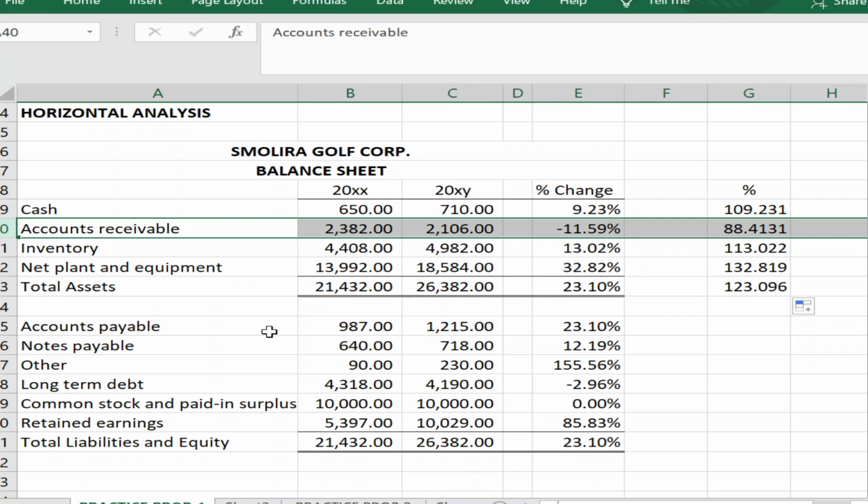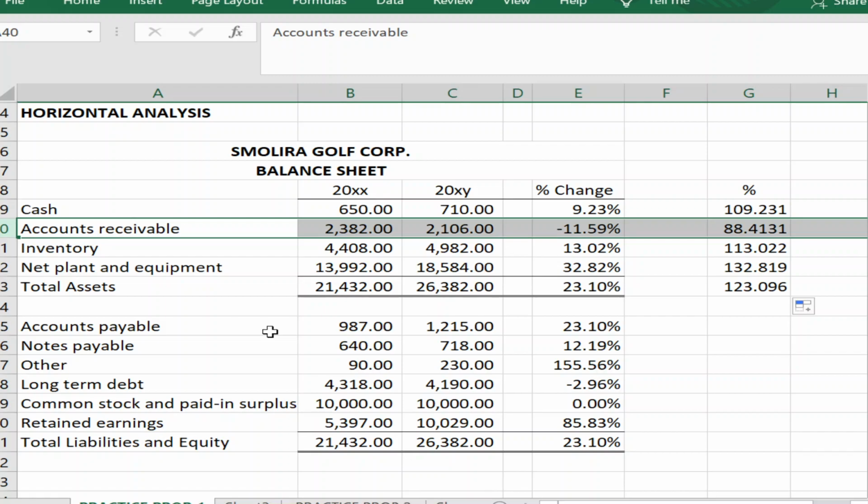But we should also see a significant increase in our cash if there is really a preference for cash payments rather than on account. Or third, we can say that we have lesser sales because perhaps some customers don't like to buy from our company anymore, whether on account or for cash.